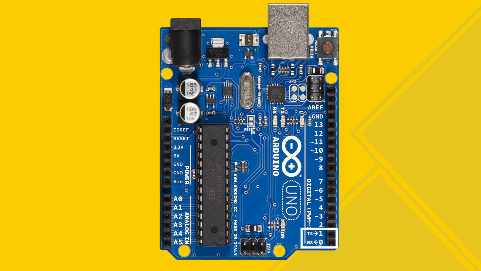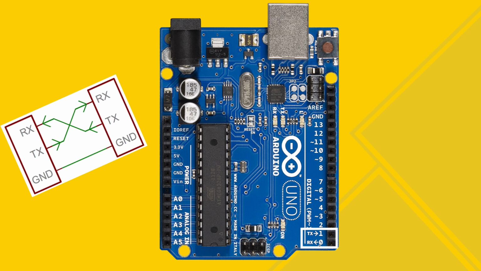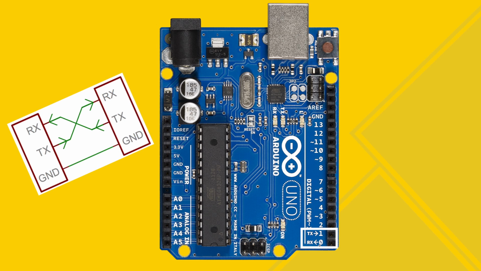What these 2 pins allow you to do is basically transfer data through serial communication with your PC, or your mobile device if you're connected via Bluetooth, and basically digital pin 0 receives the data and digital pin 1 will transfer the data.